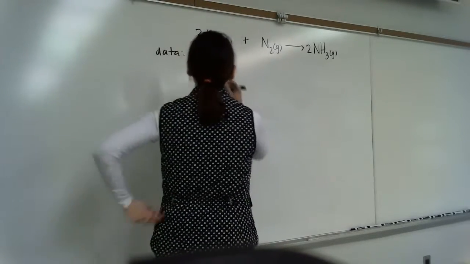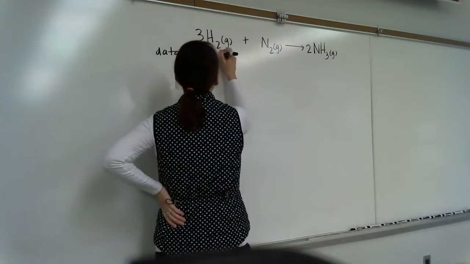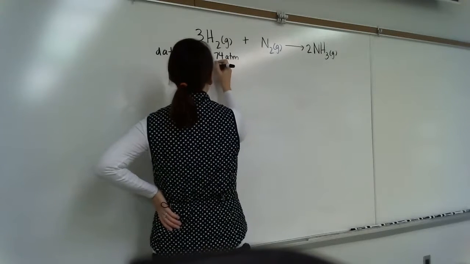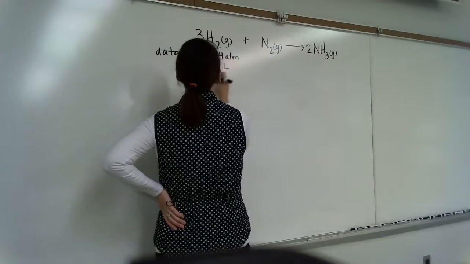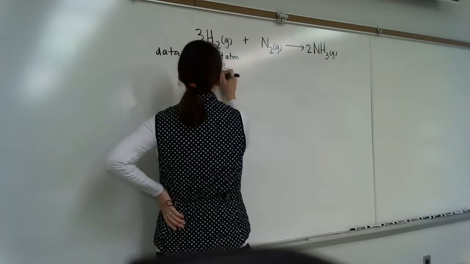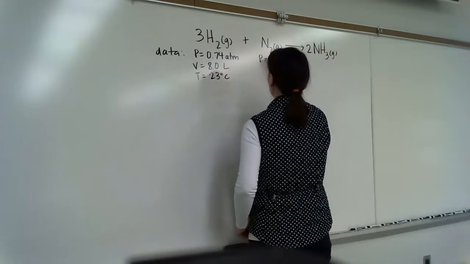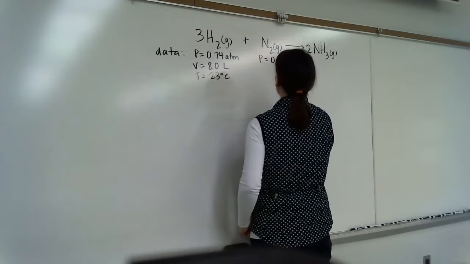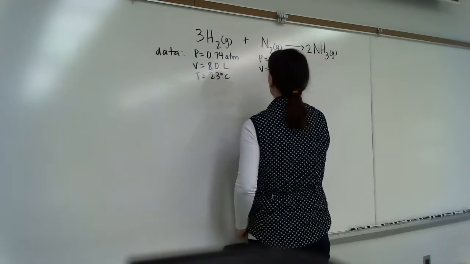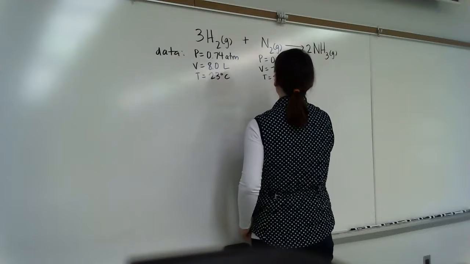So let's pretend that the pressure here is 0.74 atmospheres. Let's pretend the volume is 8.0 liters. And let's pretend the temperature is 23 degrees Celsius. And here, the pressure is 0.65 atmospheres, and the volume is 7.5 liters, and the temperature is 25 degrees Celsius.